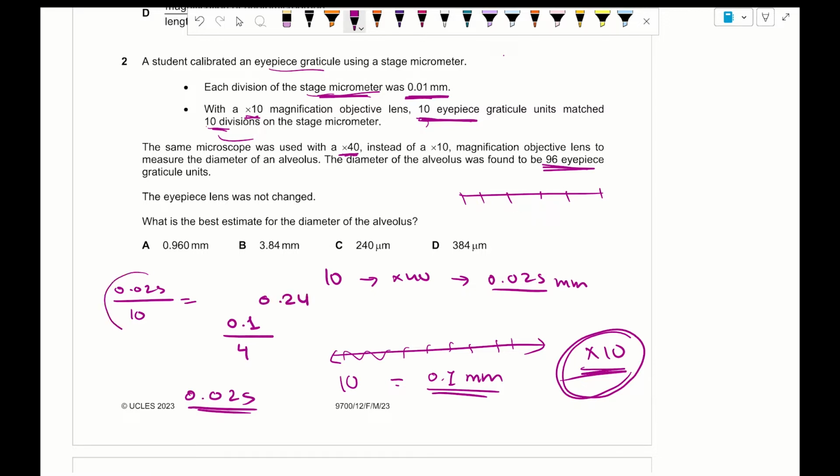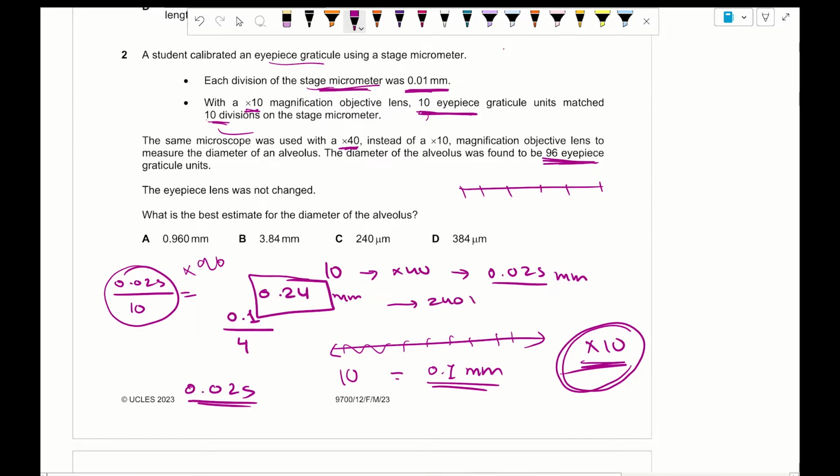First we're dividing by 10 and then multiplying by 96 in order to find 96 eyepiece graticule units, which gives us 0.24 millimeters. Now we need to convert 0.24 millimeters to micrometers, and we do that by multiplying by 1000. If we multiply by 1000, we get 240 micrometers, and the answer is going to be C.